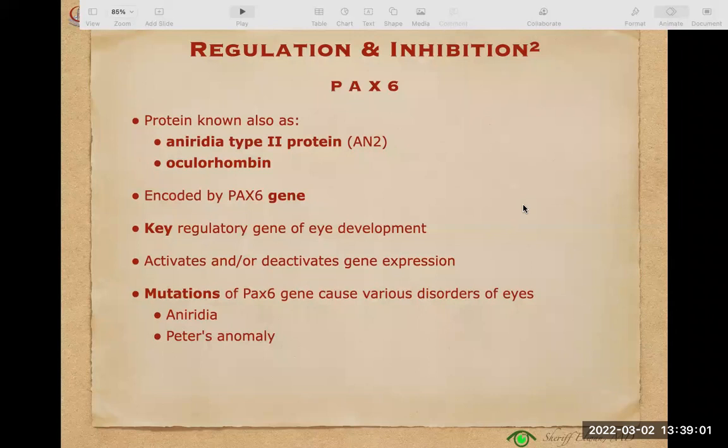If mutations occur and this protein is expressed in disturbed concentrations, this may lead to anterior segment abnormalities like aniridia and Peters anomaly. So the PAX6 protein is a protein expressed by the gene called PAX6, and it is a key regulator in the development of the anterior segment of the eye specifically.